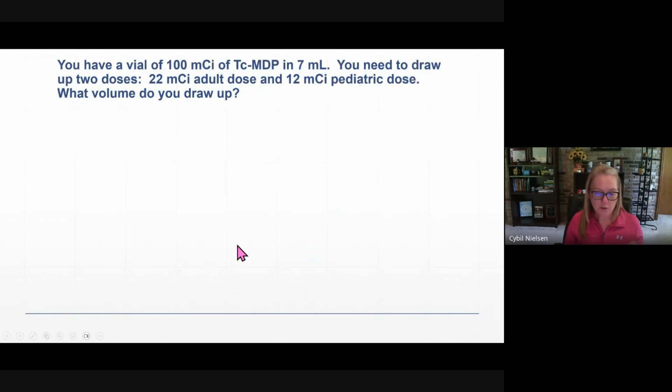All right, let's do another one just to make sure. You have a vial of 100 millicuries of Tech MDP in 7 ml. You need a 22 millicurie dose and a 12 millicurie dose. What's the volume for each one?